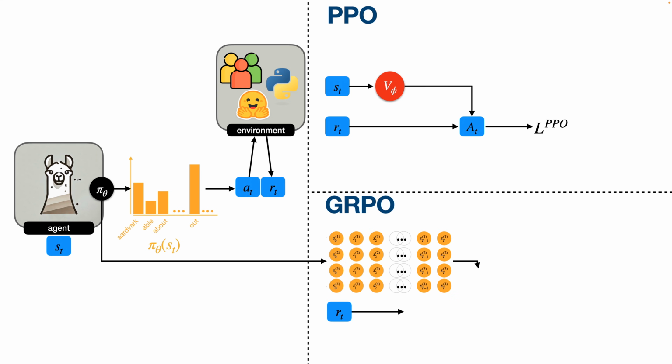GRPO samples a group of trajectories and uses their mean reward as a baseline to compute the advantage. Then it calculates the PPO loss and adds an extra regularization term. Both algorithms will then do gradient ascent with their respective losses and update the policy of the agent. So that was GRPO in a nutshell.